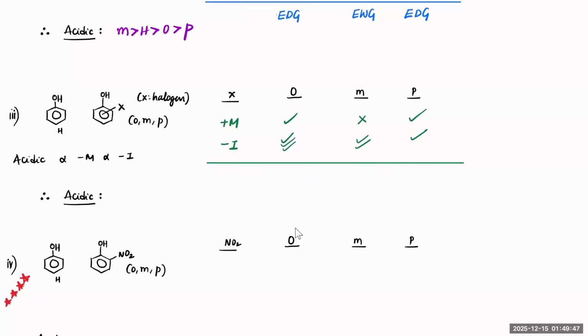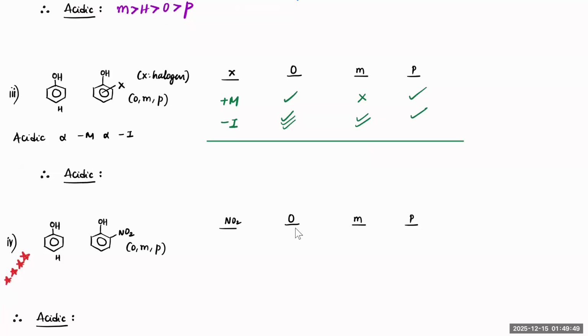Now, if you compare overall, whenever it comes to halogens, the minus I is much dominant over their plus M. So you forget about the plus M it is offering. You only emphasize on the inductive effect. So due to inductive effect, all three are electron withdrawing groups.